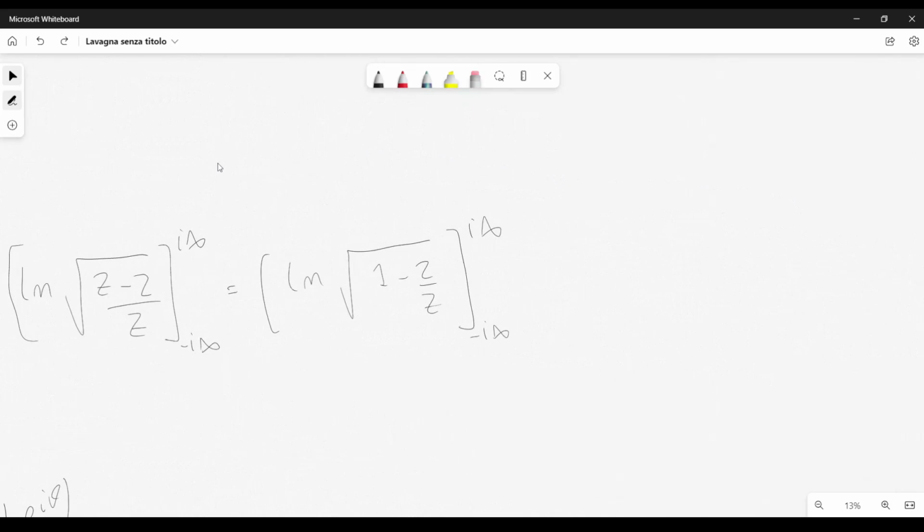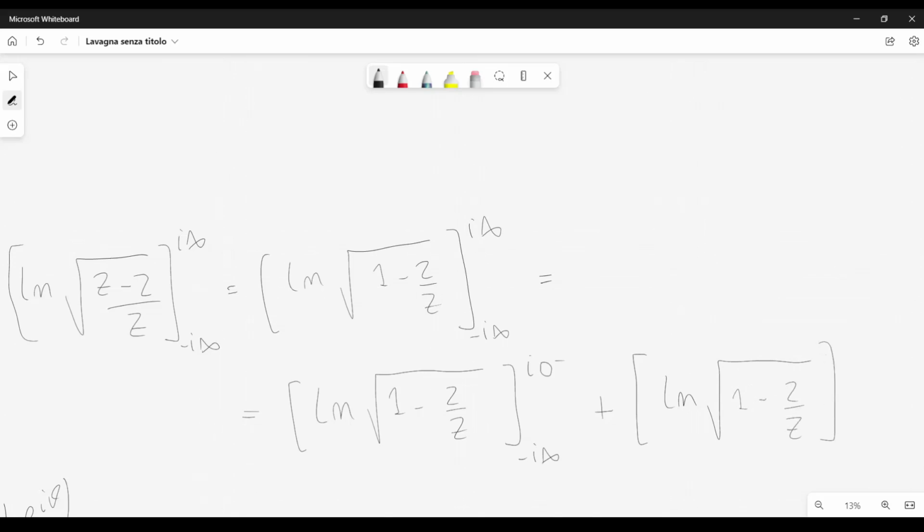accept this result if we rewrite it by using a limit. And this is the limit. Let me show you. The logarithm of the square root of 1 minus 2 over z from i0 minus to minus i infinity plus we have the same here, logarithm of square root 1 minus 2 over z from i0 plus to i infinity.